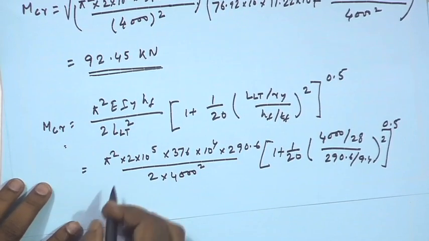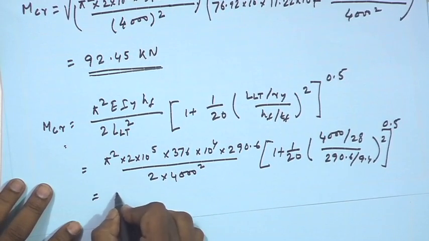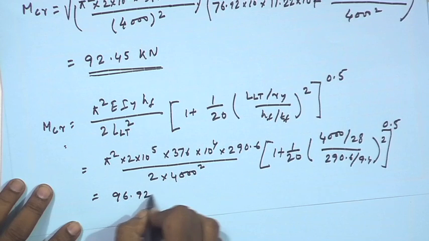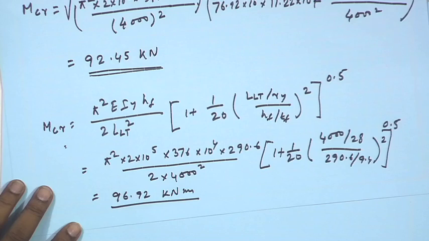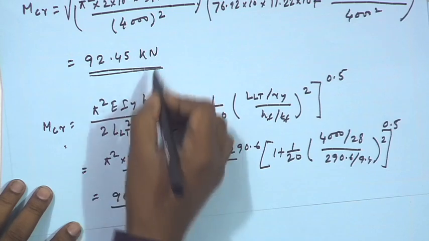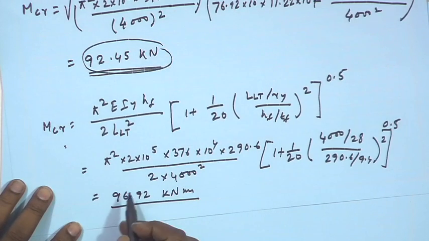So, MCR value from this we can find out as 96.92 kilonewton meter, which is this. Okay. So, the lesser one is this, means more or less it is coming closer.